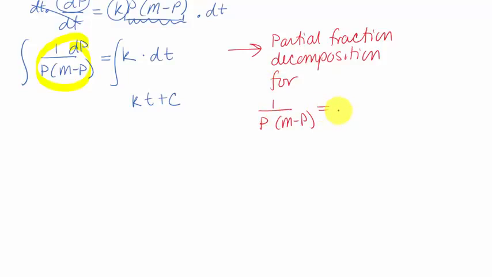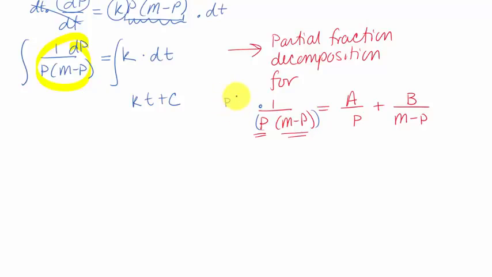If you recall, in the partial fraction decomposition, you need to take each factor in the denominator, which is our p and our m minus p, and separate those. In the numerators, you're going to put constants, and we're going to call those a and b. Now, to do the partial fraction decomposition, we multiply each side by the entire factor.